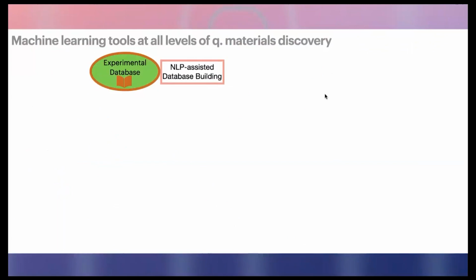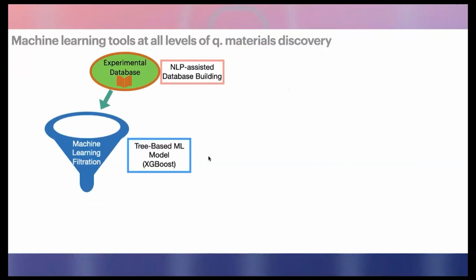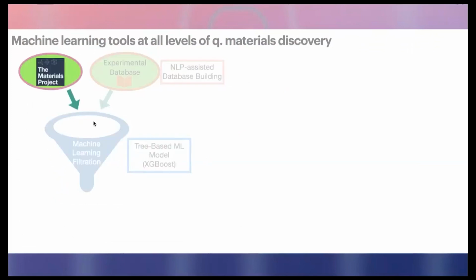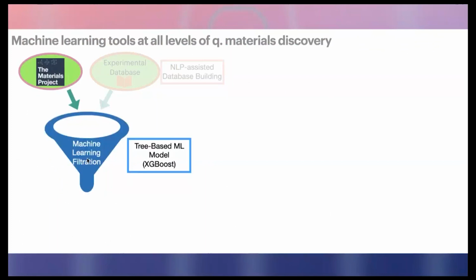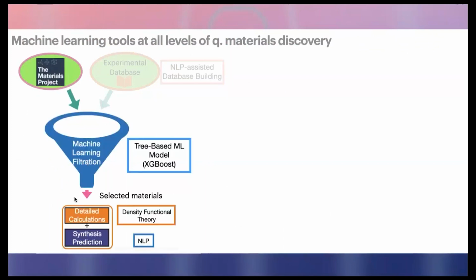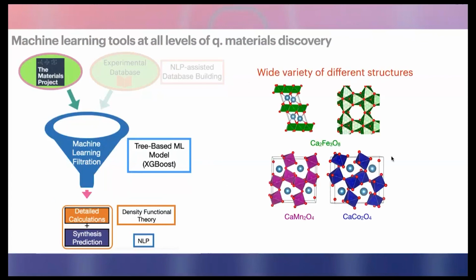So here the basic point was we use machine learning tools at all levels of quantum materials discovery. The first part was to build this database. Then we built this model that we can use for filtration of multiple materials. And then we use this model on the Materials Project. And then on these models, we selected a few materials and we performed some detailed calculations.